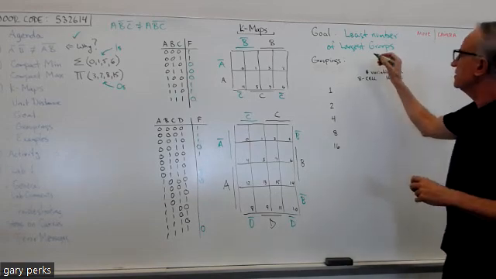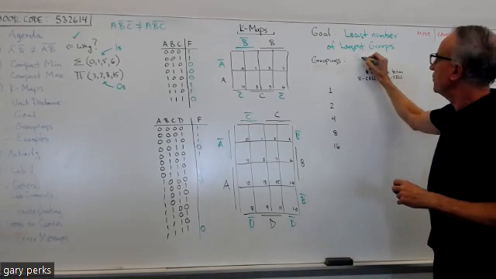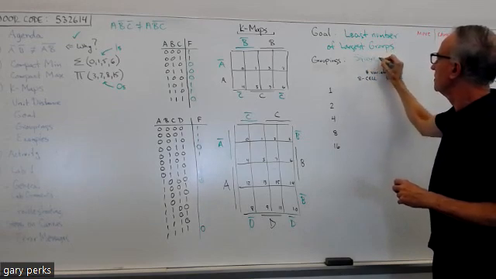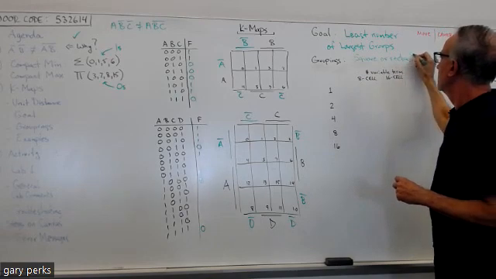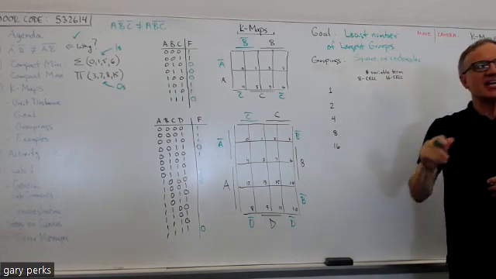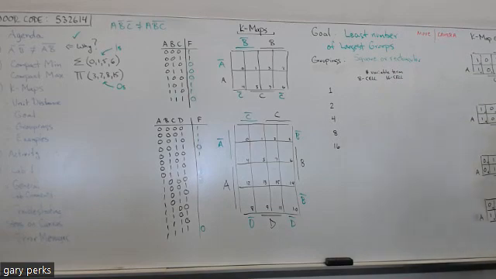Okay. And these groupings can only either be square or rectangular. Okay, you can't have diagonal groupings. You can't have irregular shapes. Okay, they either got to be rectangles or squares.